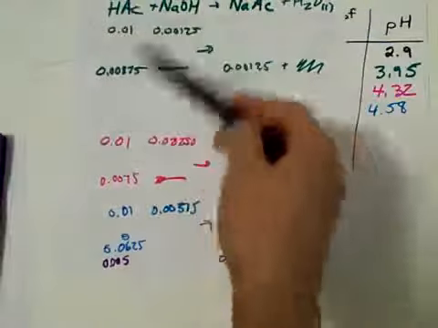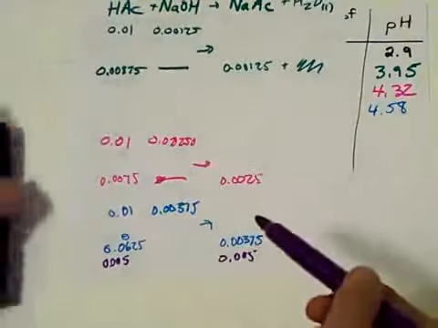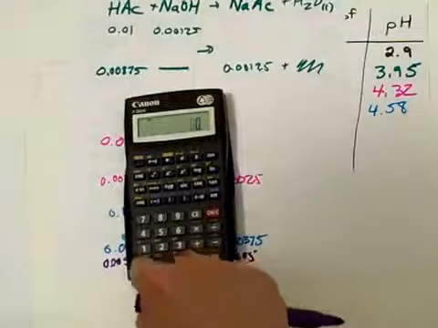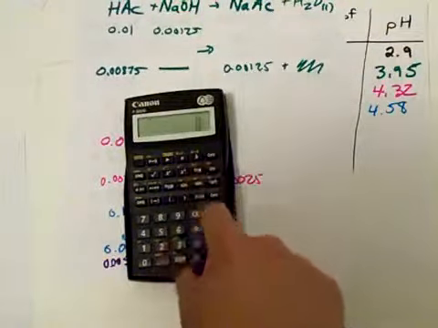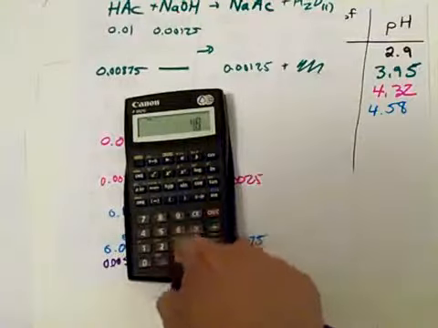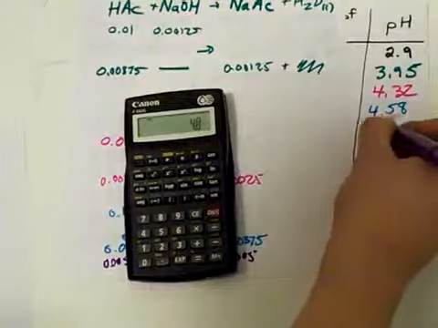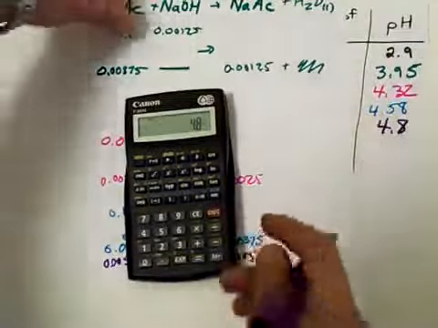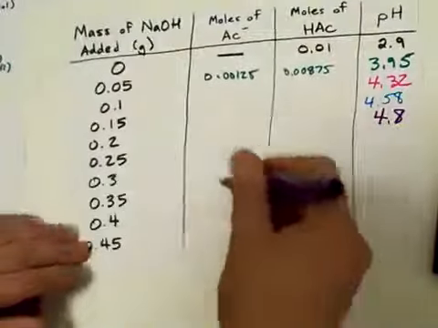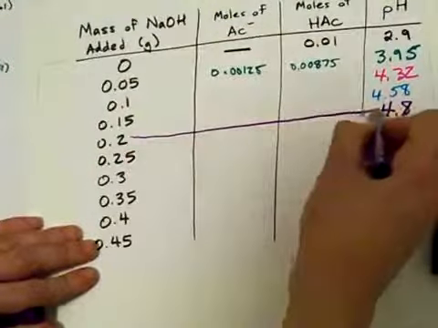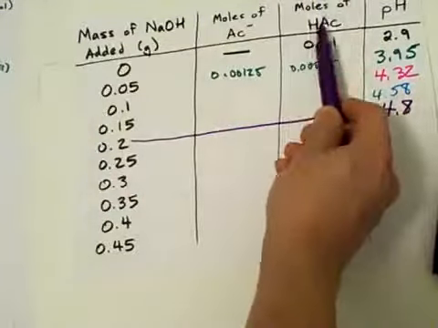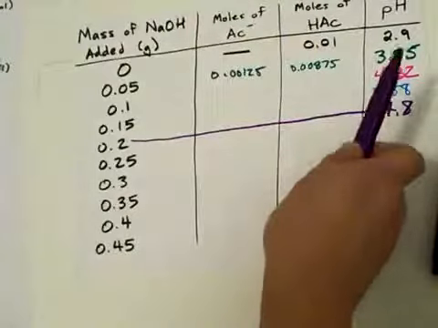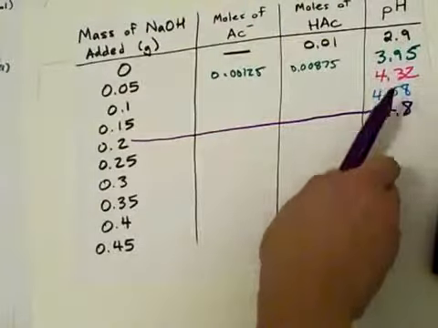The amount of acid and conjugate base is equal in this case. 0.005 divided by 0.005, take the log of it, and add the pKa, and you end up with a pH of 4.8. Oh, look. Once we've added just enough NaOH to convert half of the acid into conjugate base, that's when the pH is the pKa.